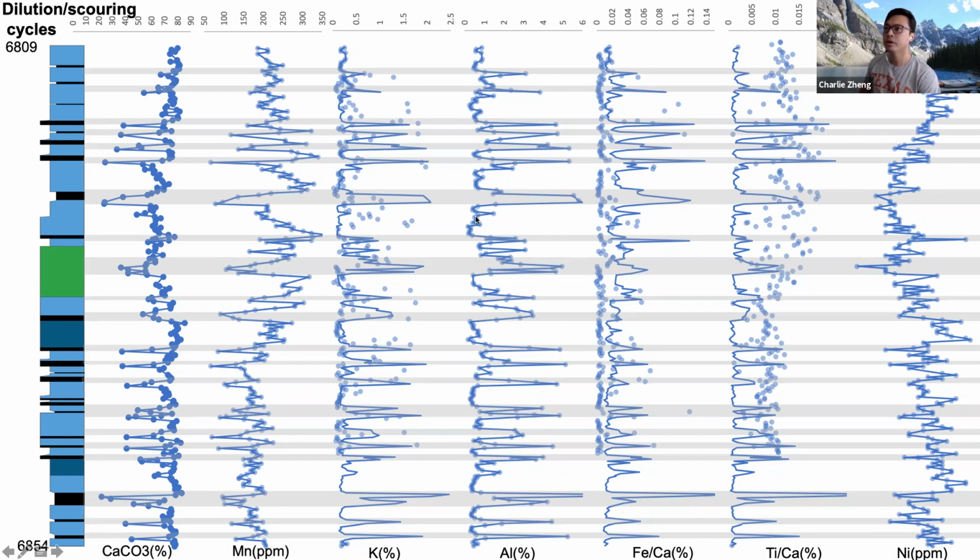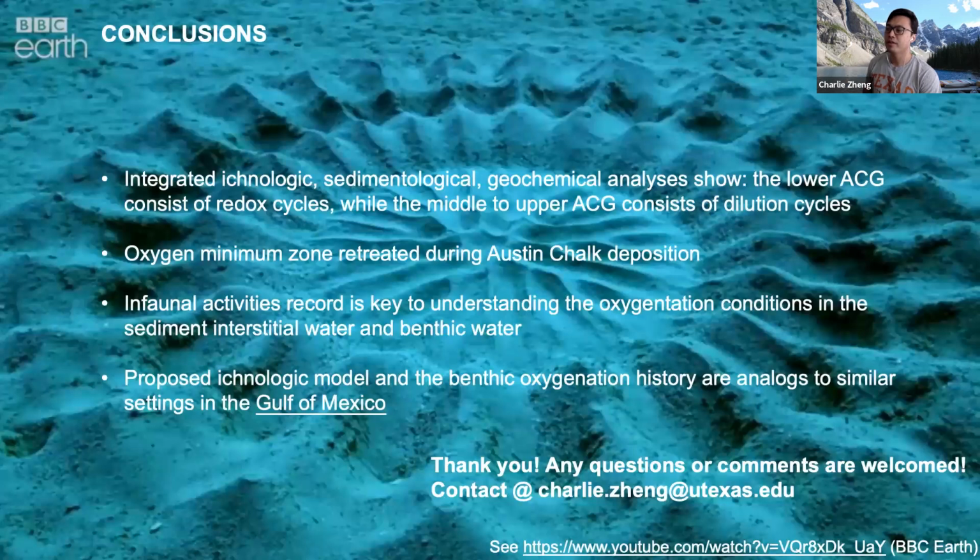So there are two types of cycles in the system, and that implies two distinctive water bodies in the Austin chalk. So now we know the lower part is composed of redox cycles and the upper part is composed of dilution cycles. And these are probably because of two distinctly different water bodies.